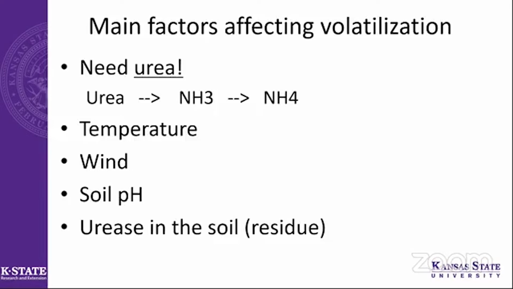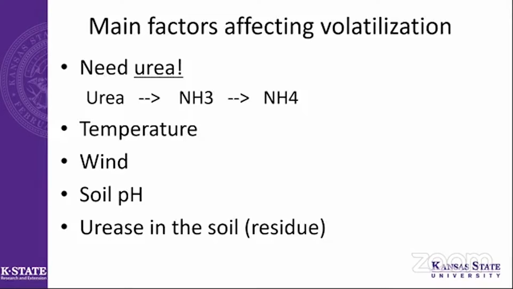So we have to think about what the main factors are driving that volatilization process. First of all, volatilization only happens with urea. We need to have urea for that to happen, okay? So if you're using dry urea, obviously that's a situation where you have potential for volatilization. If you're using UAN, that's only 50% urea. So right there, you're cutting in half the potential volatilization, right?